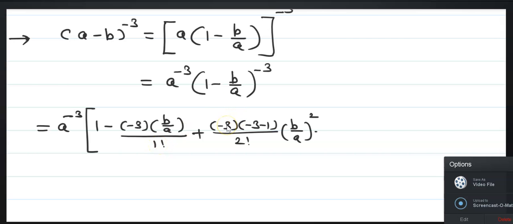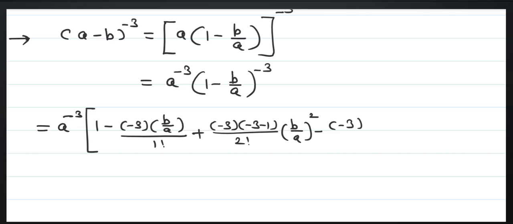The third term will be (minus 3)(minus 3 minus 1) upon 2 factorial into (b upon a) squared. Now what about the fourth term? (Minus 3)(minus 3 minus 1)(minus 3 minus 2) upon 3 factorial into (b upon a) raised to 3.